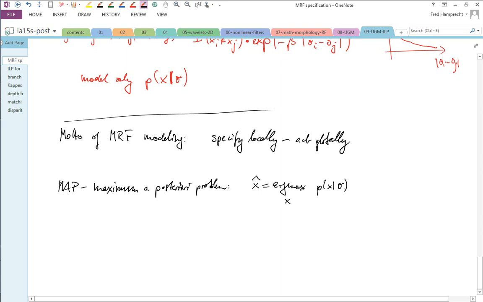And this act of finding x hat, if we use this energy picture, then we would call this an optimization problem or an energy minimization problem, or you can also call this inference.